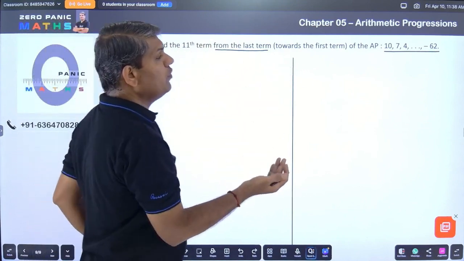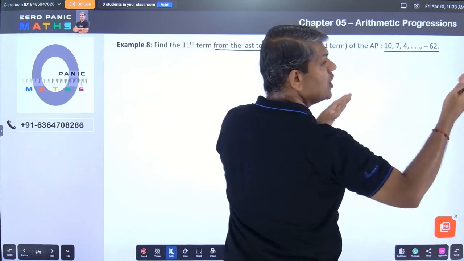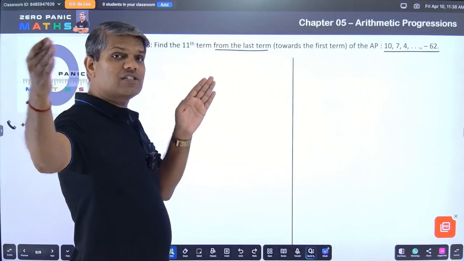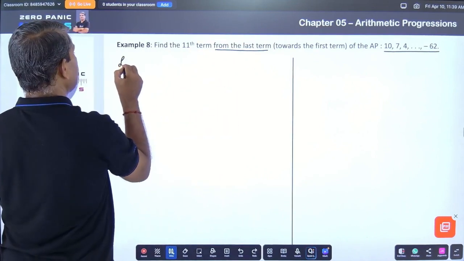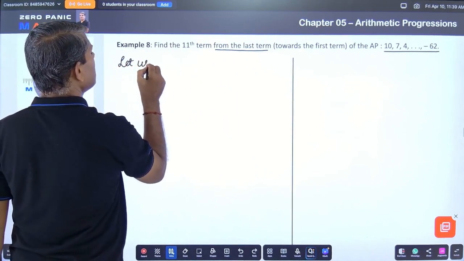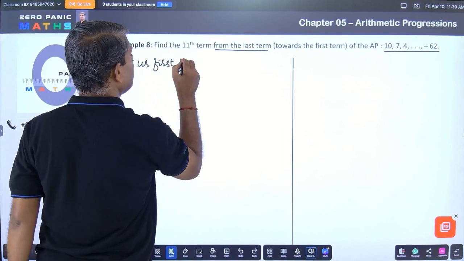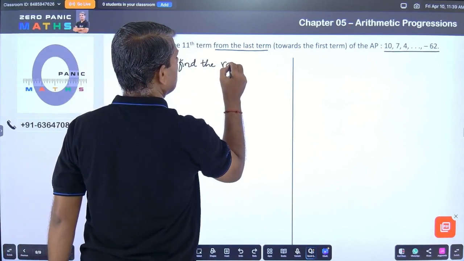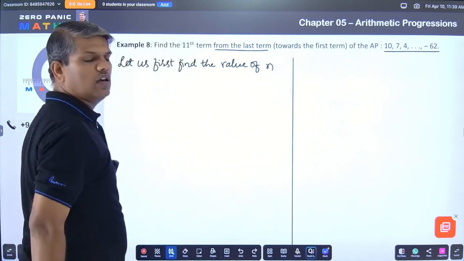So we have to find out how many terms there are in total, so that we can come backward from the last term till the 11th term. Let us first find the value of n with the given AP.